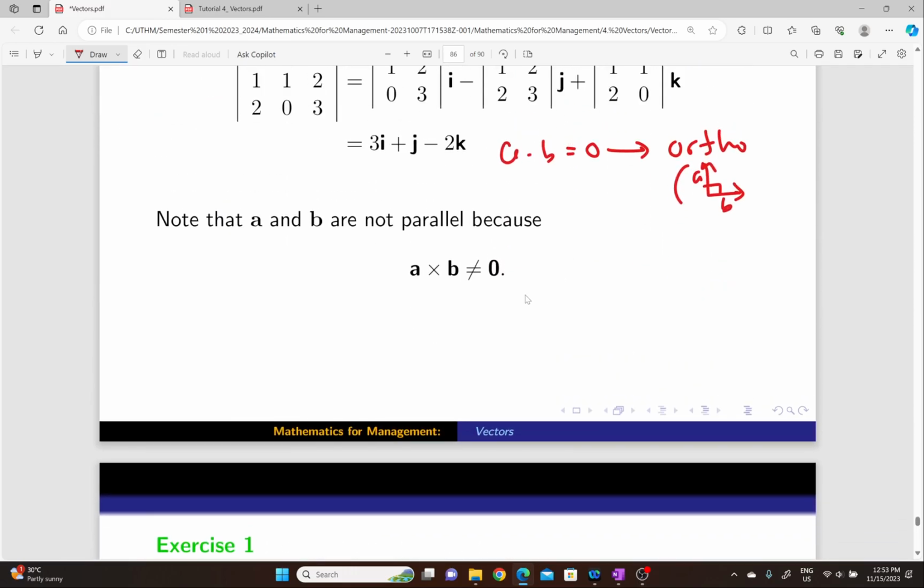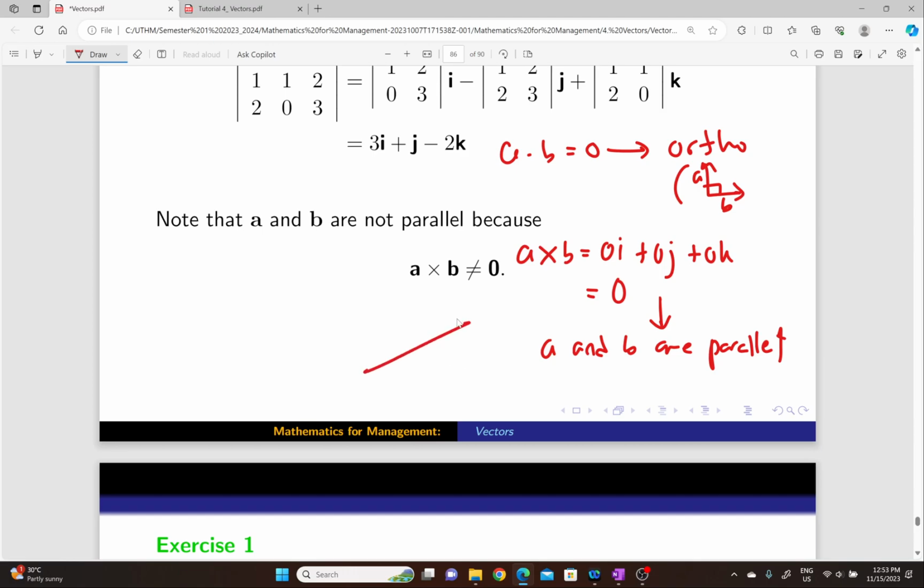Okay. Let's say you multiply this, you get 0i, 0j, 0k. Basically it's a 0 vector. We just put it as a 0. Okay, 0. Then if you get this, it tells A and B are parallel.